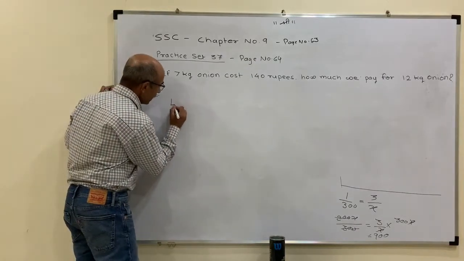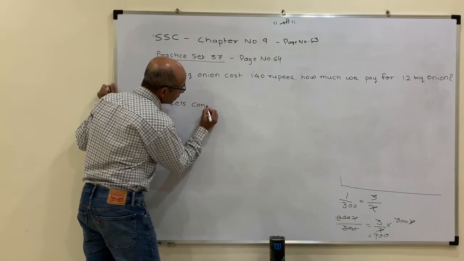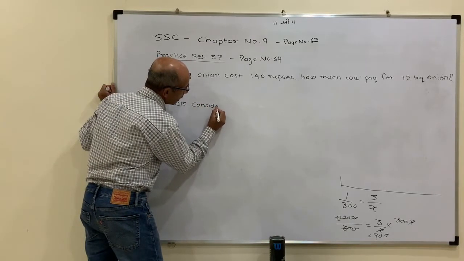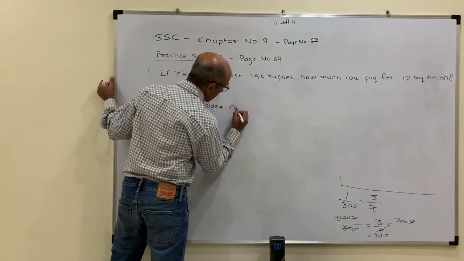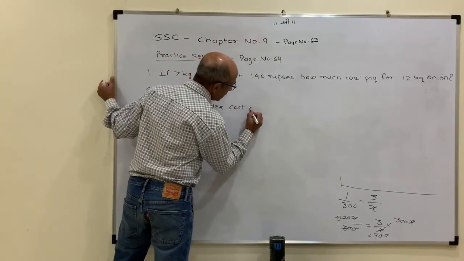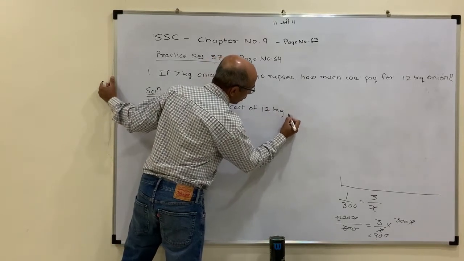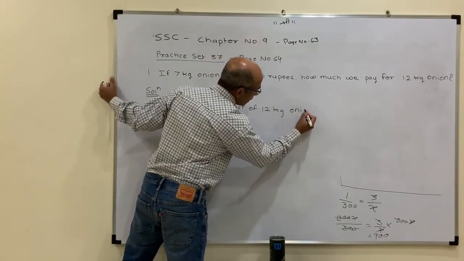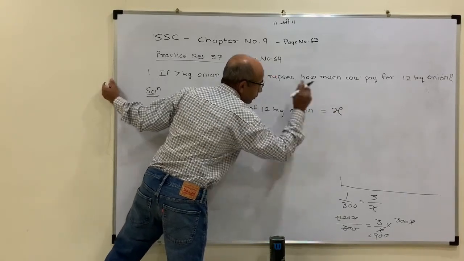So first, let's consider the cost of 12 kg onion equals x.